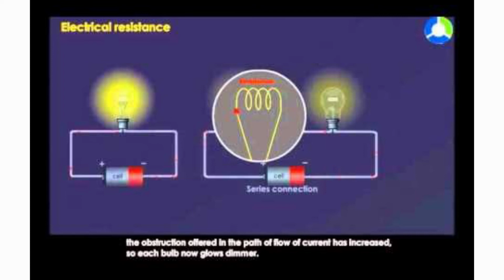Here you can see the picture. In the first picture you can see there is no resistor connected to the circuit, and in the second the resistor is connected. And you can also see the difference in the glowing of the bulb. So resistance is the hindrance to the flow of charges.